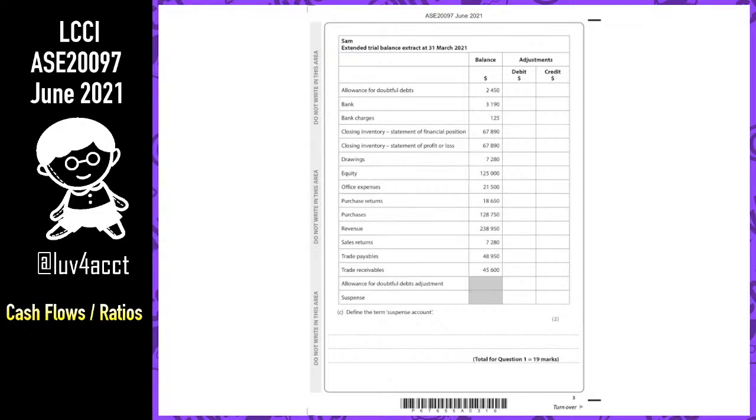Let me change the paper to the question details first. 3 pages in a row we have extended trial balance, a very important topic.